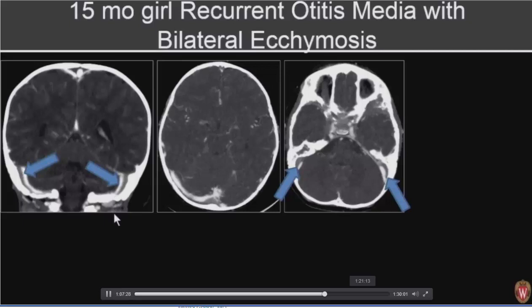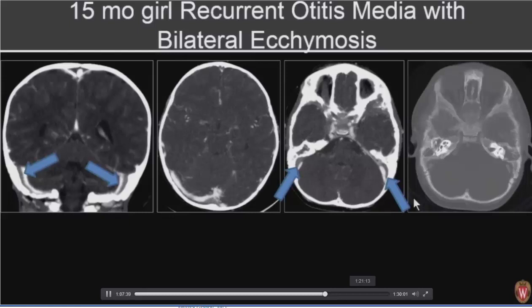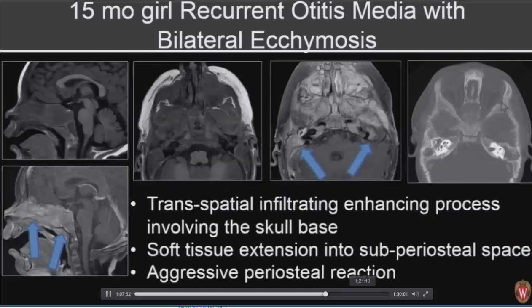They should be resting nicely along the bony surface, and we can see that there's this diffuse soft tissue that is uplifting that dural venous sinus. If we take a look at the bone windows, we can see that there's this permeative, spiculated appearance of the entire skull base. So not just involving the posterior skull base, but also the middle cranial fossa and the anterior cranial fossa.